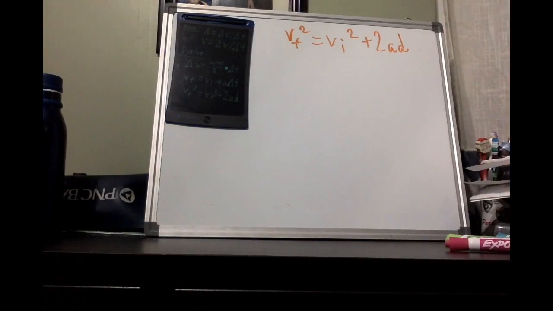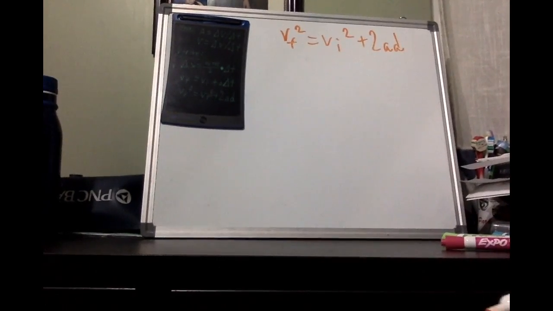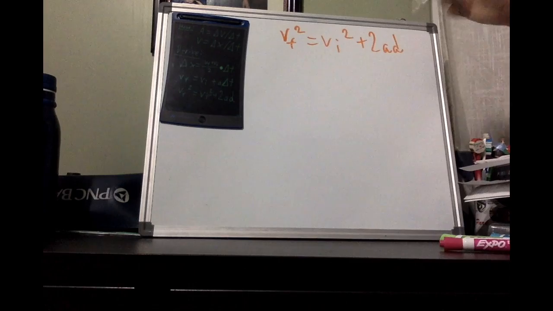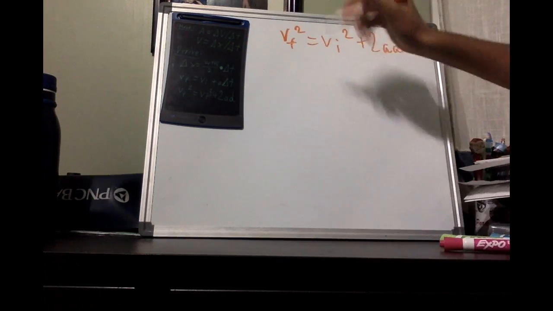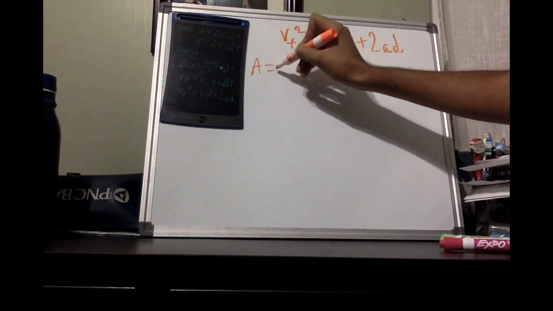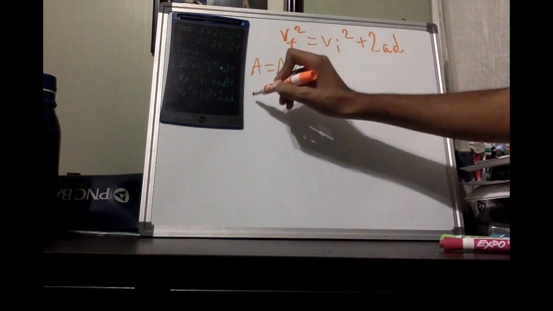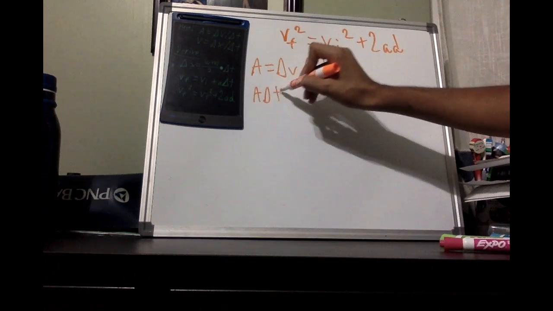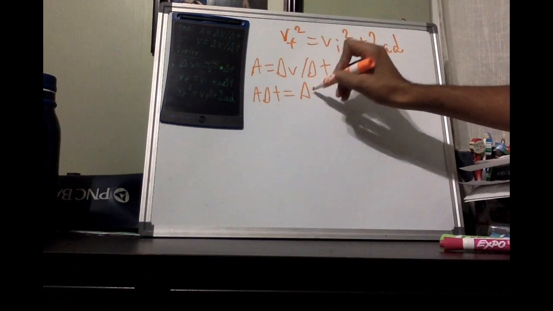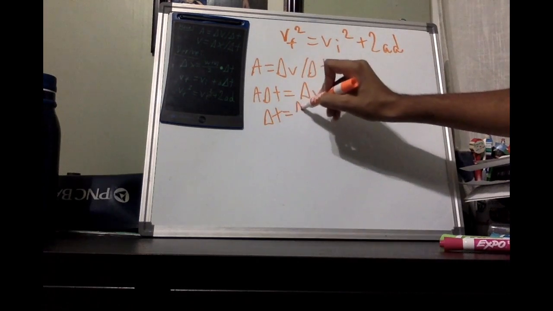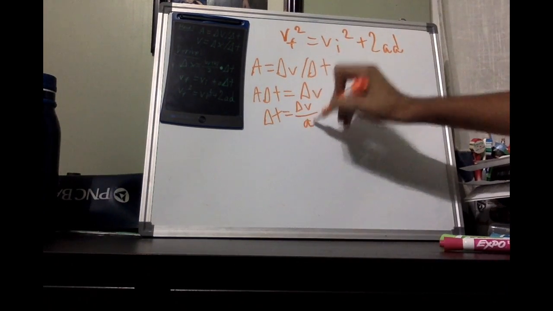And now, last but not least, is our third equation, the one that does not have time. So mathematically, we would want to cancel time, right? Cancel delta time. So let's use acceleration to solve for time. Multiply both sides by delta v, then divide both sides by acceleration. Get delta v over acceleration.